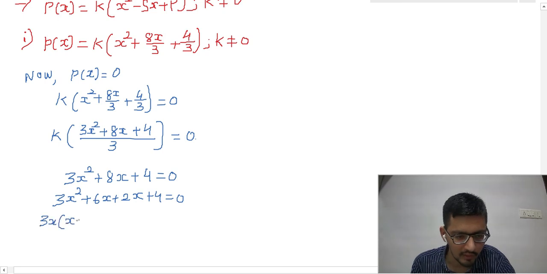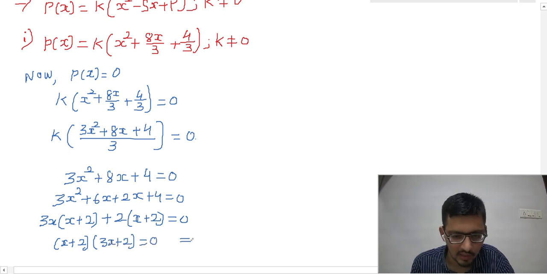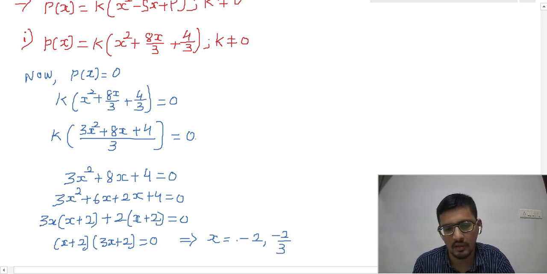So what bracket will I get here, x plus 2, plus from these two terms what common can I take, 2. The bracket here, x plus 2, is equal to 0. x plus 2 you write a single time and combine the remaining: 3x plus 2 is equal to 0. So what are the possible values of x you will get here? Minus 2 and minus 2 by 3. Class, this is your answer. Roots are minus 2 and minus 2 by 3.